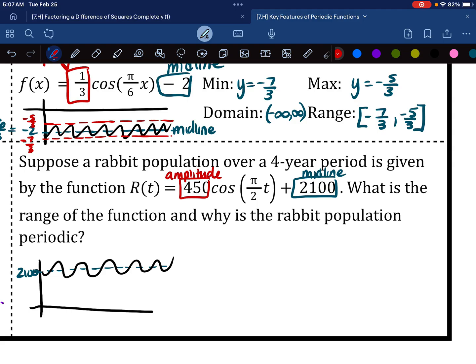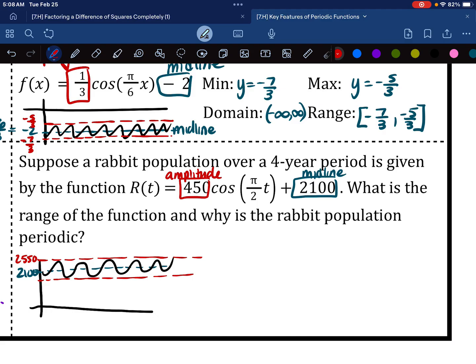Now the amplitude says from that 2100, I'm going up by 450. So that would put me at 2550. It says I'm going down by 450, which I don't know off the top of my head. I'm just using my calculator. Sorry, guys. So 2100 minus 450.